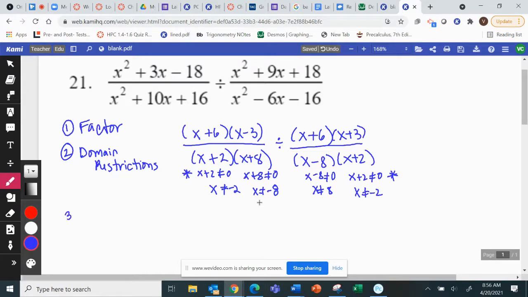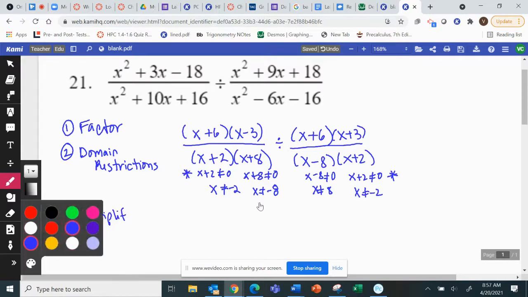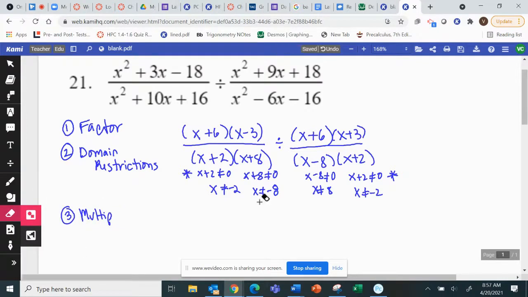So now step 3, since this is division, I will go ahead and change it into multiplication now. So I'm going to write multiply. Maybe I'll write flip multiply, because that's all I'm doing is flipping it.